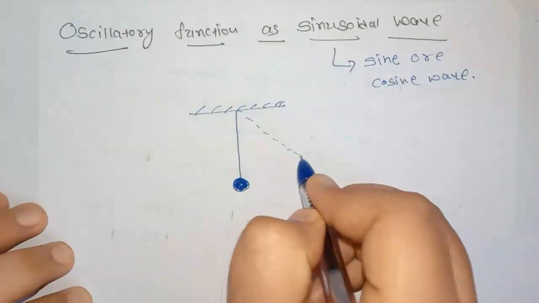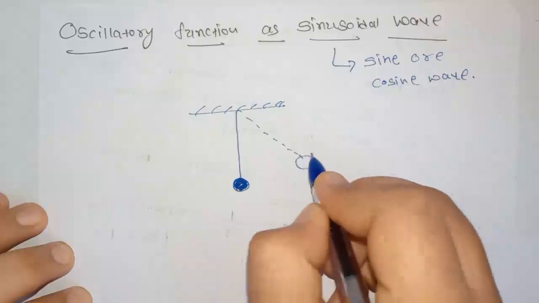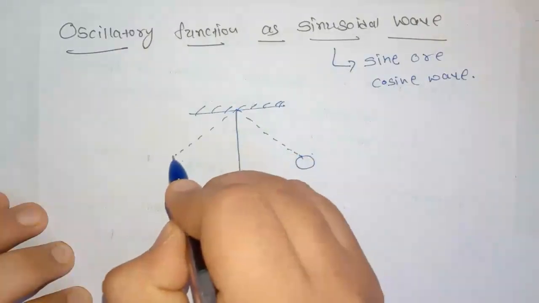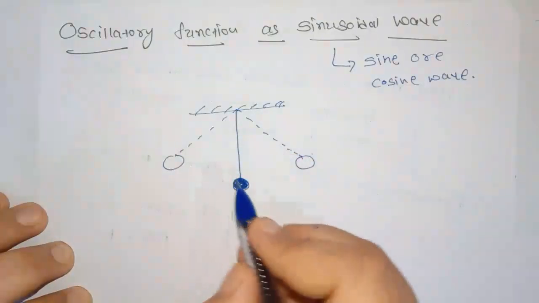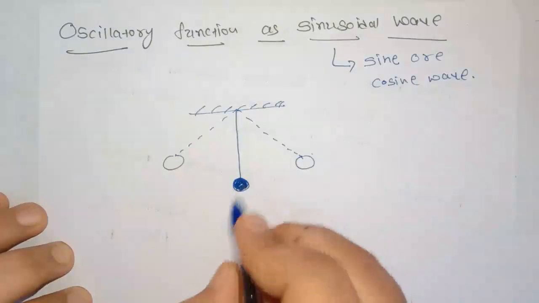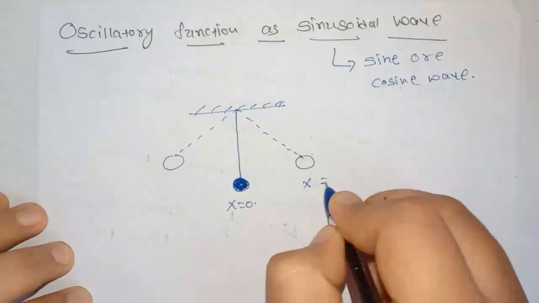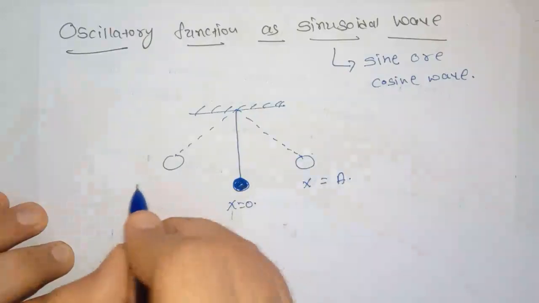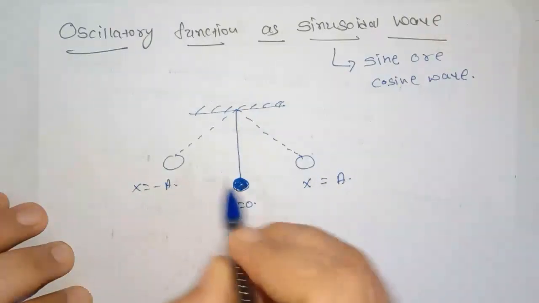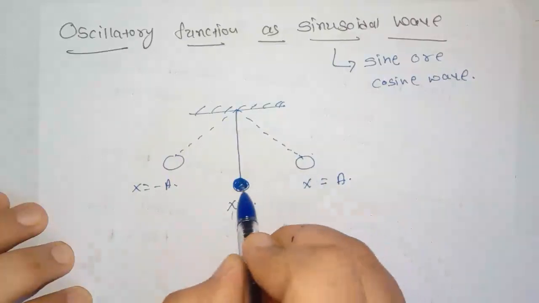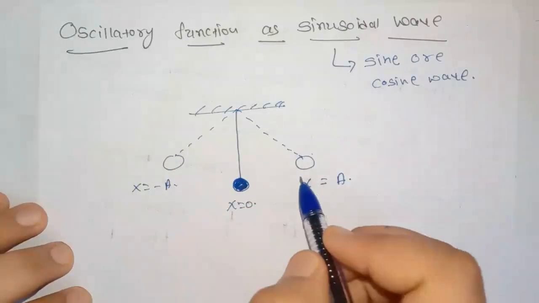Let's say this is the maximum displacement on either side. This is the mean position, x is equal to 0. Let's say this is displacement x is equal to plus a, and this is x is equal to minus a. We have taken this direction to be positive and this direction to be negative.